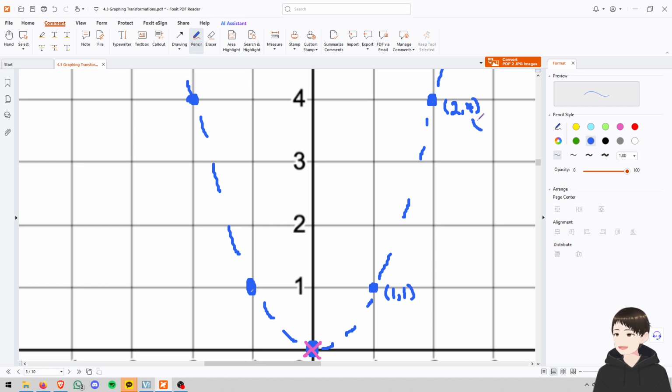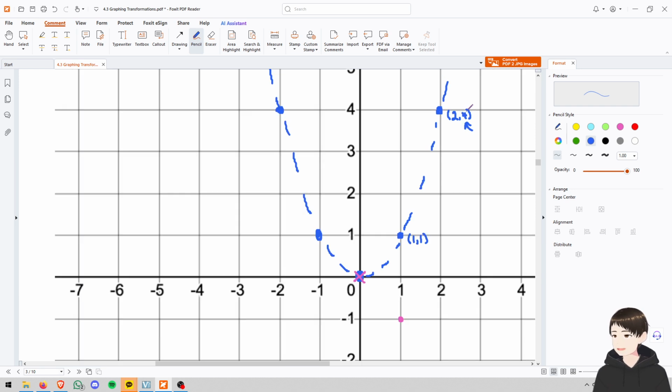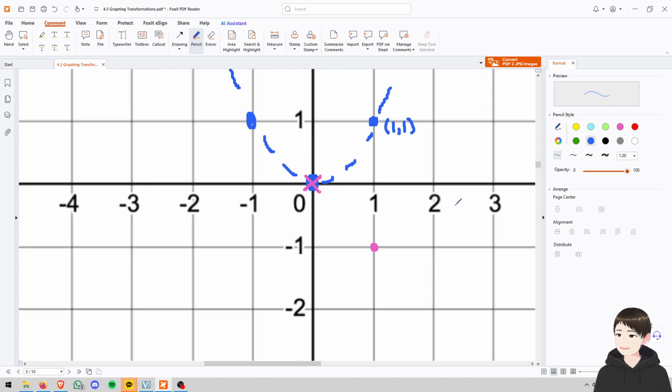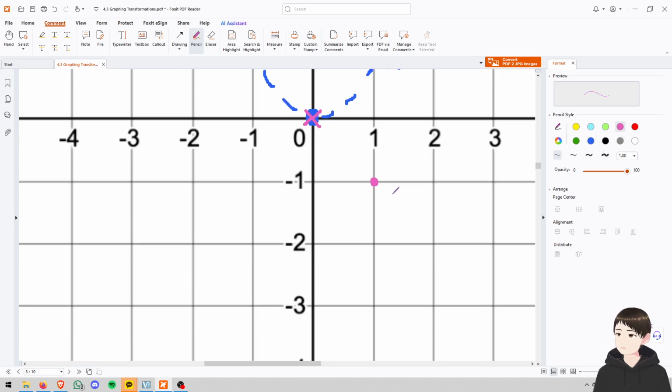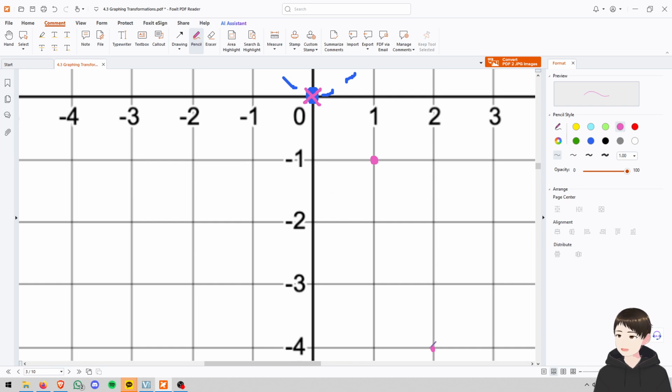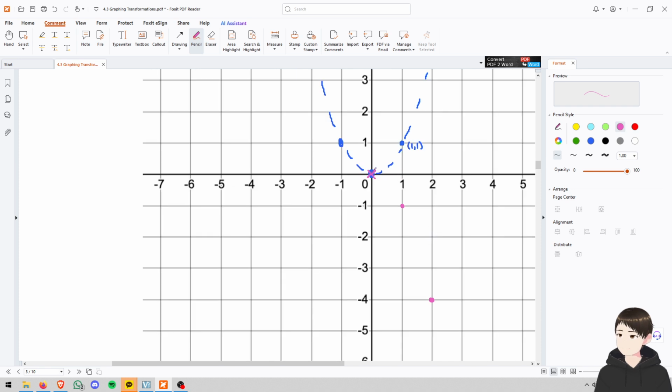And my y value is 4. If I vertically reflect this by negative 1, essentially multiply that 4 by negative 1, my new point is 2, negative 4. Right there. And you guessed it, as you see this pattern, I think you can do a shortcut.